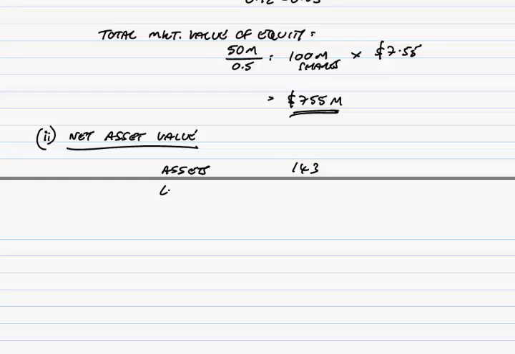The total liabilities are 49 million. So the net assets at the moment, one less the other, is 94. But remember, it wants the equity. Well, equity are your ordinary shares and the retained earnings. Preference share capital isn't part of equity. So we need to subtract the preference share capital, which on the balance sheet is 25.